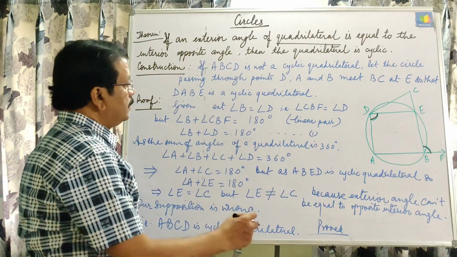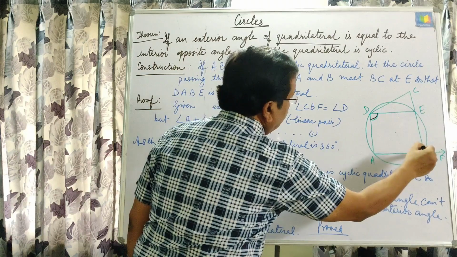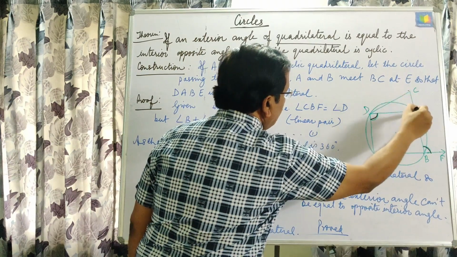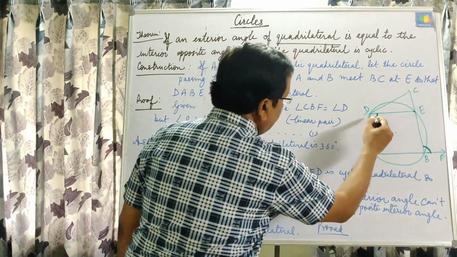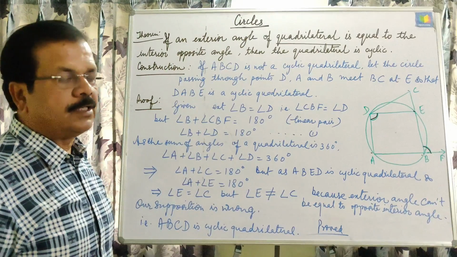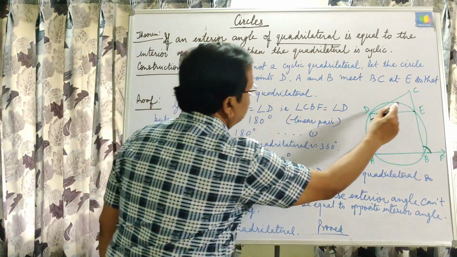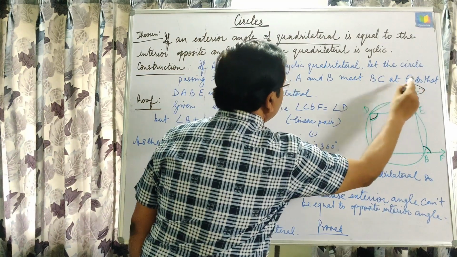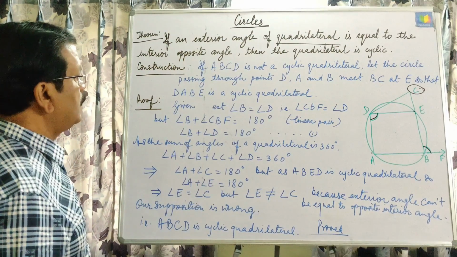Now see here, let E be the point where the circle meets BC, and then ABED is a cyclic quadrilateral lying on the circumference of the circle, but the point C is here, and that is why I suppose that this is not the cyclic quadrilateral.